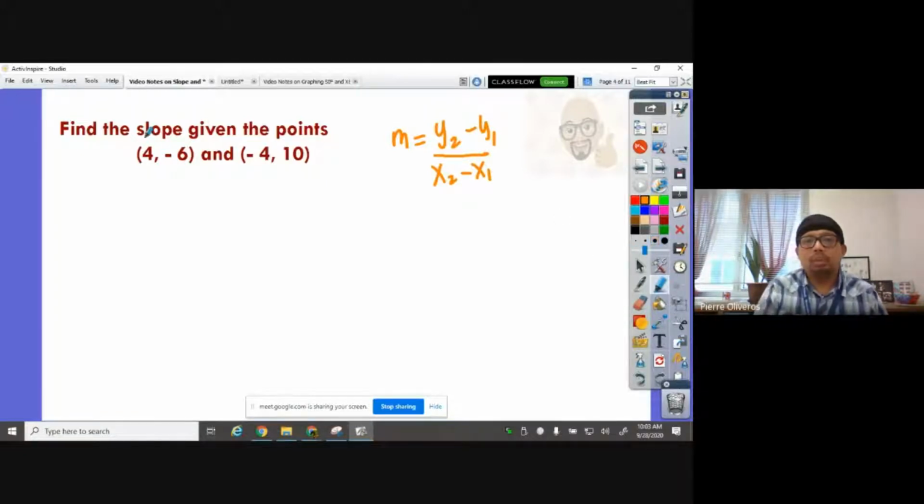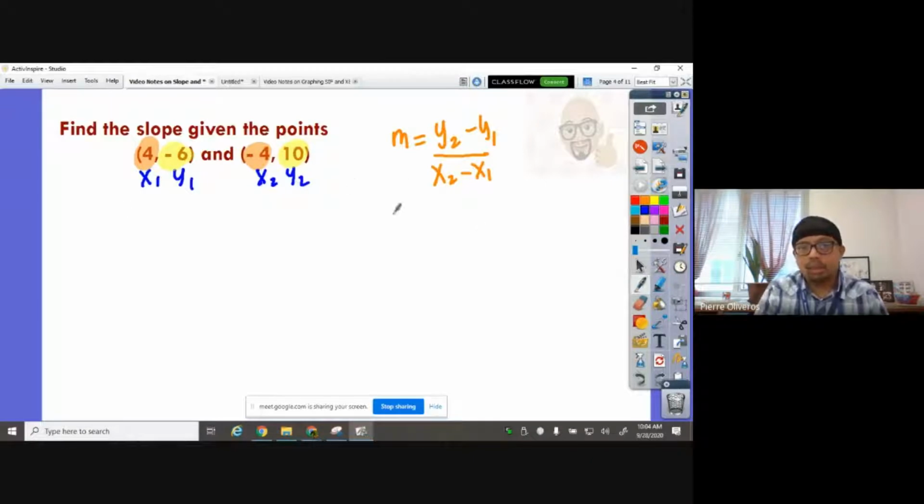So find the slope given the points (4, negative 6) and (negative 4, 10). We all know that everything here, the highlighted, are the x values. So I'm going to put here x sub 1. This is our y sub 1, this x sub 2, and y sub 2. That will help us to identify what goes with x and y.